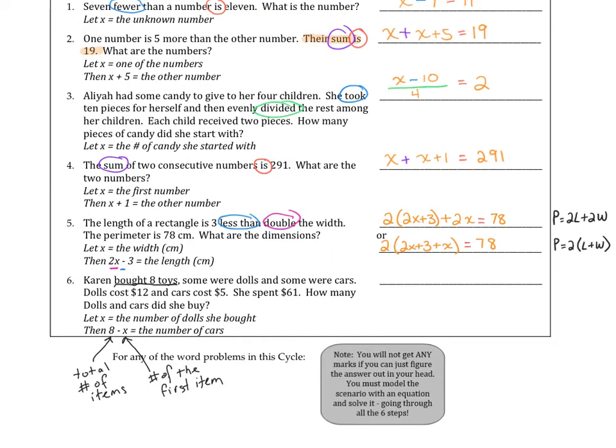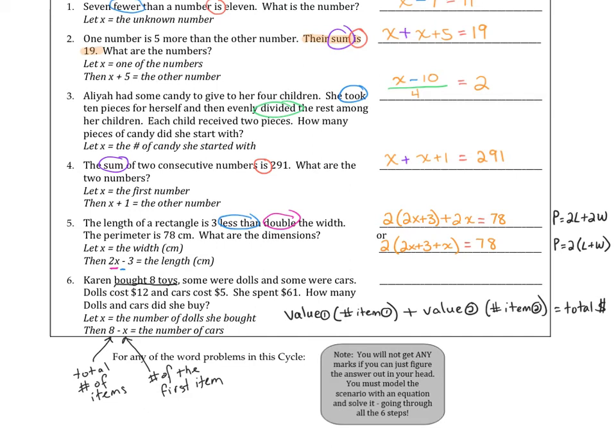And the way you make the formula for this is you take the value of the first item and multiply it by the number of the first item. And the value of the second item multiplied by the number of items of the second item, and that's going to equal the total cost. So it should kind of make sense if you look at it this way.